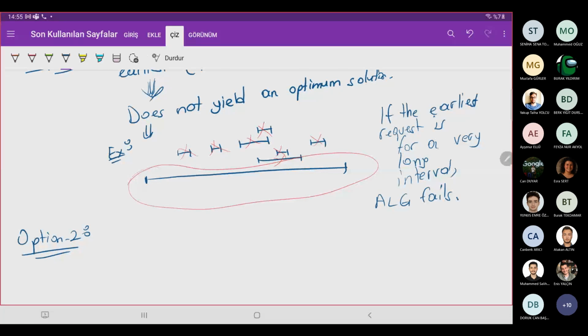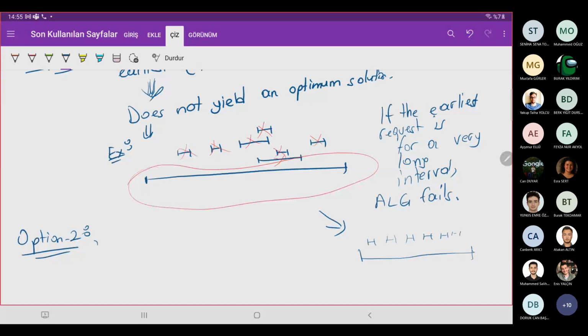So for instance, in this example, if I chose the short one first, then I would probably, maybe not on here, but on this example, for example. If I just selected the shortest one, if that were my algorithm, then it would give me an optimum solution, okay?